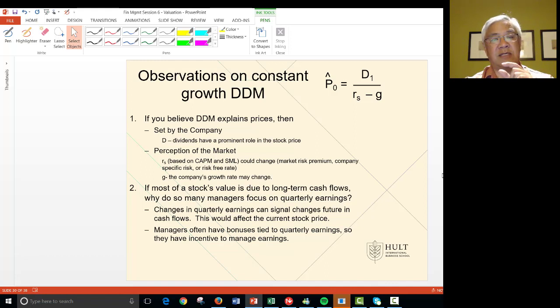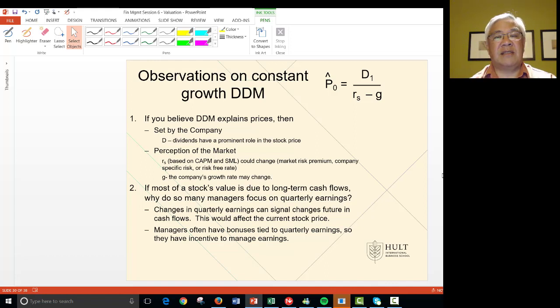with a small increase in dividends, that creates a signal to the marketplace that the company is bullish about its future. It feels comfortable increasing its somewhat fixed obligation, or at least commitment, to try to pay same or more dividends in the future. So managers have an incentive to have the market perception rise for the stock, because if they have stock options, or if they have bonus programs that are also tied to company performance, it would have that impact.